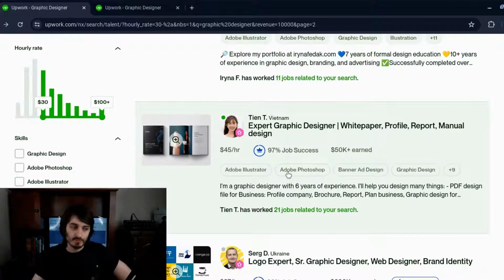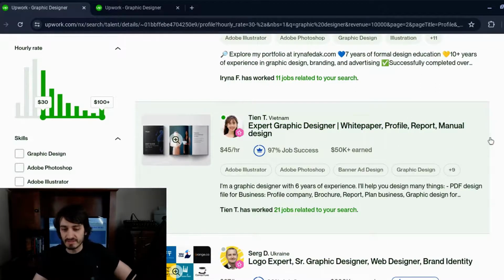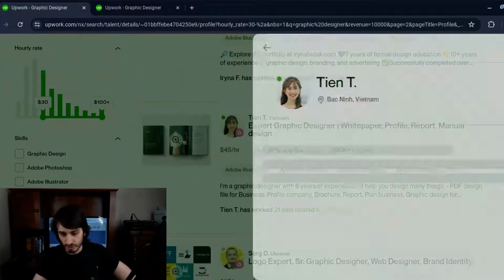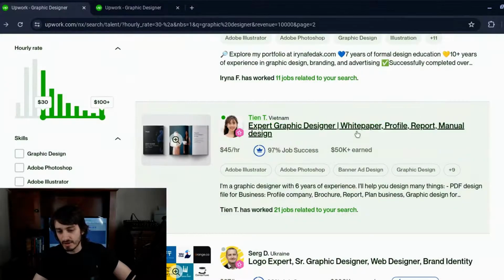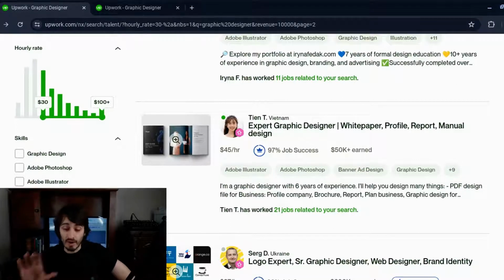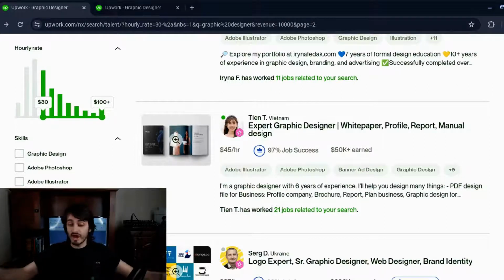So what happens is that if you're just a graphic designer, and you apply to the same job that Tien here applies to, and let's say it's a report job, Tien has report in her job title, so she's going to look better right off the bat in the eyes of these clients. The client looking at all the people who've applied sees that she has report, and he wants a report done, so he sees that she's specialized in that.